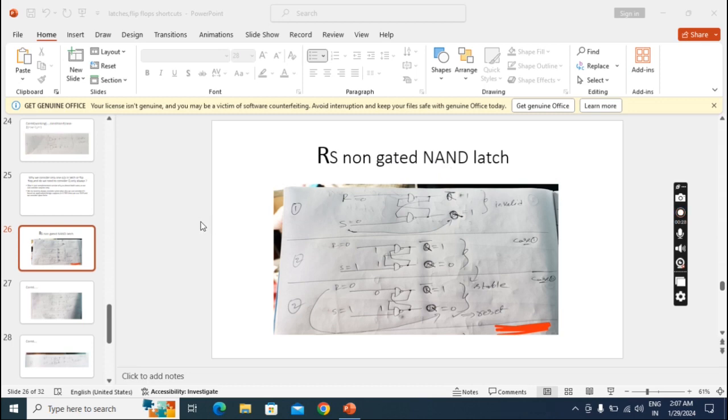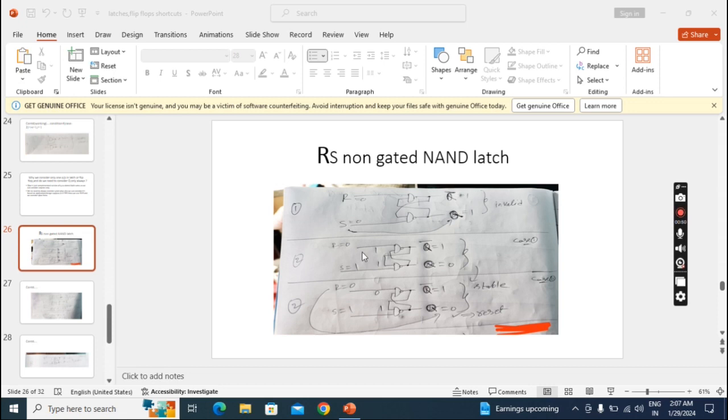Now we'll see the difference between SR and RS. Suppose in the first condition, both inputs are 0 0, here we get invalid. Even when I take SR, for 0 0 we got invalid.